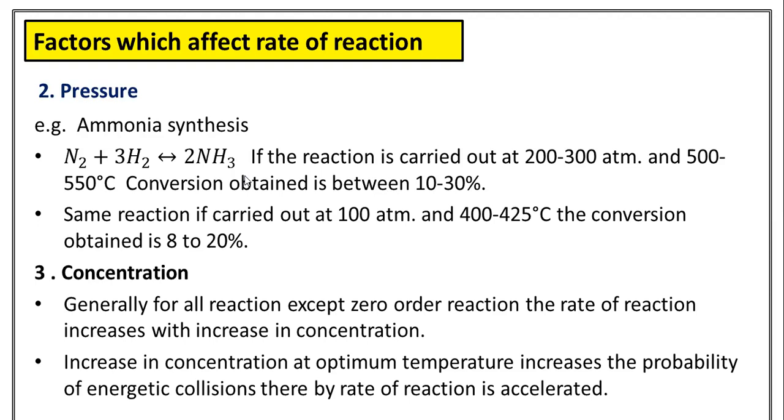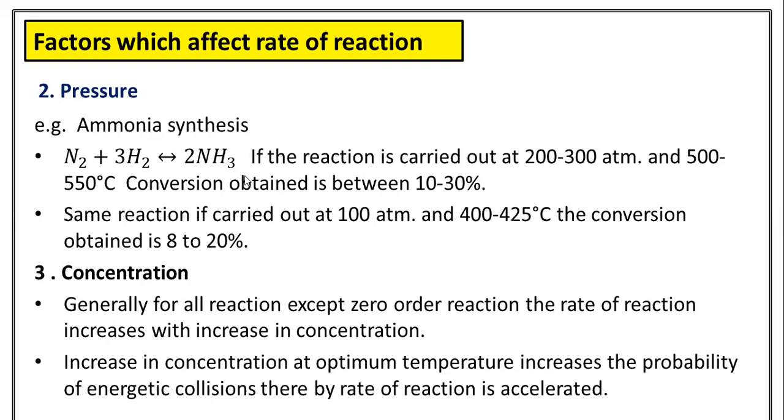For example, in a fixed reactor volume, if the concentration is increased, it means that the number of molecules will increase, and if the number of molecules increases, the collisions will increase, and increased collisions will result in an increased rate of reaction, because for the reaction to take place, the first and foremost condition is that the reactant molecules must collide.